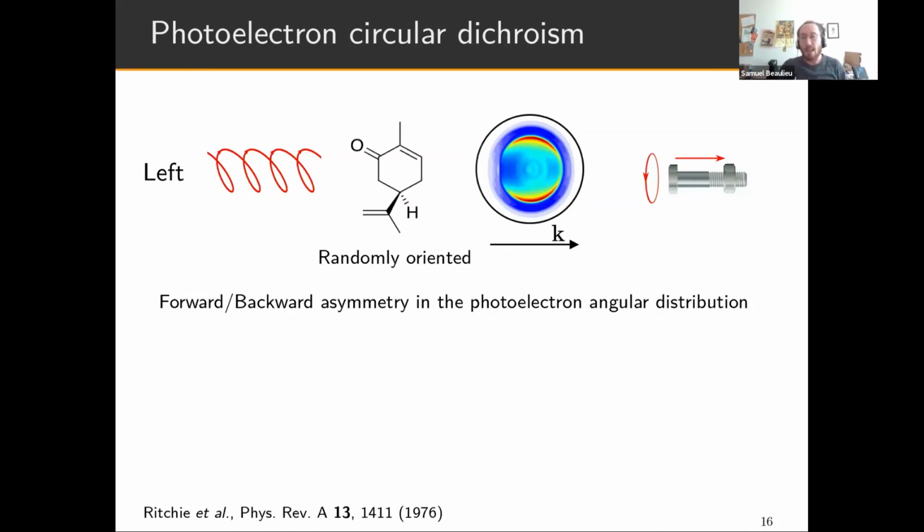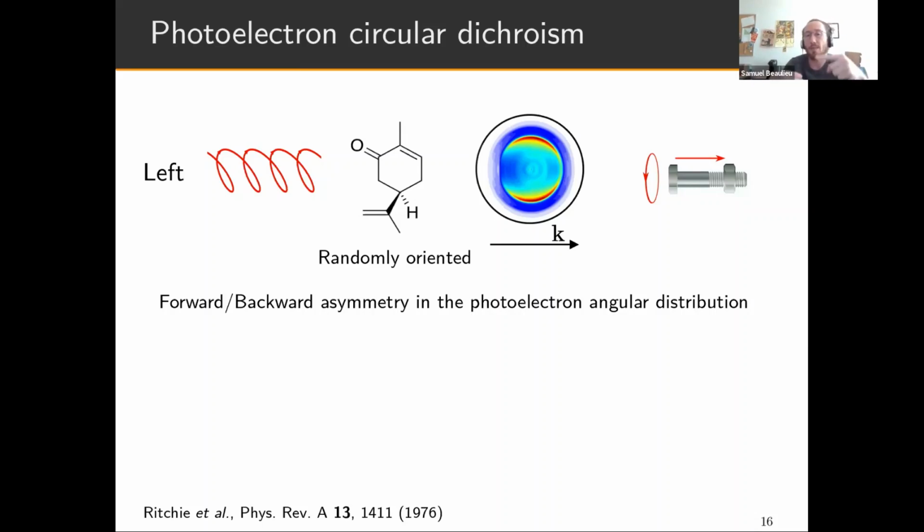So, for example, photoionization of a chiral molecule using circularly polarized light can be seen as rotating a nut around a thread of a screw. In this very specific analogy, the thread represents the chiral molecular potential, while the nut represents the outgoing electron.